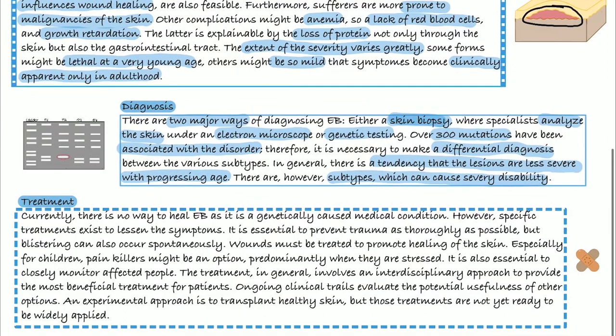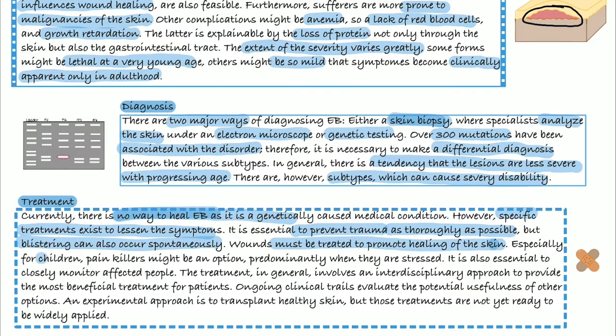When it comes to treating EB, we have to say that there's no way to heal EB at the moment. But there are specific treatments to lessen the symptoms. So the first and most important step is to prevent trauma as thoroughly as somehow possible. But the blistering can also occur spontaneously. The wounds then have to be treated to promote healing of the skin.